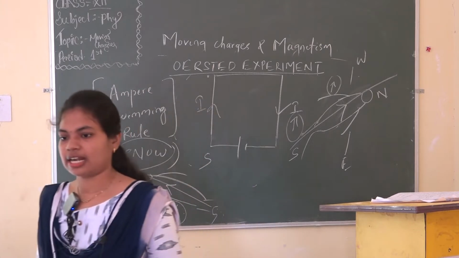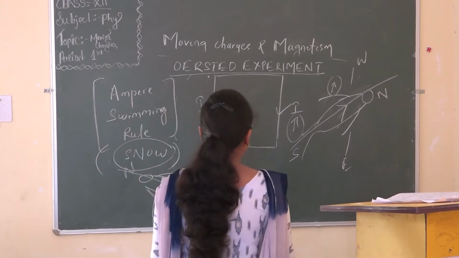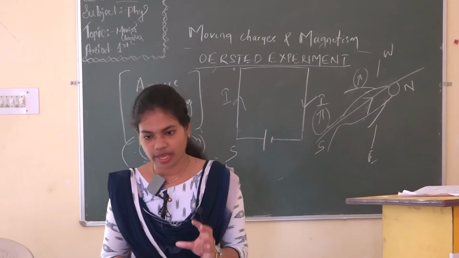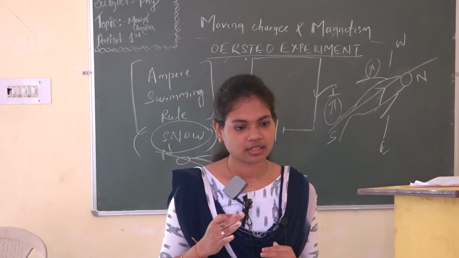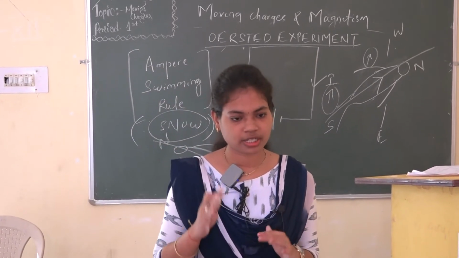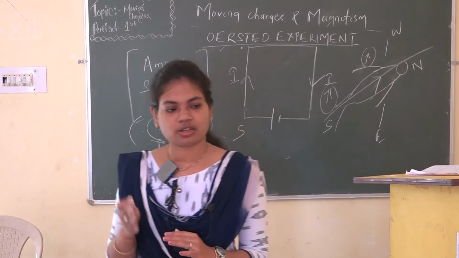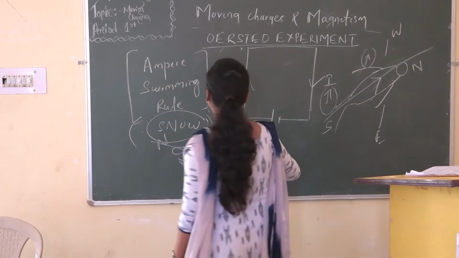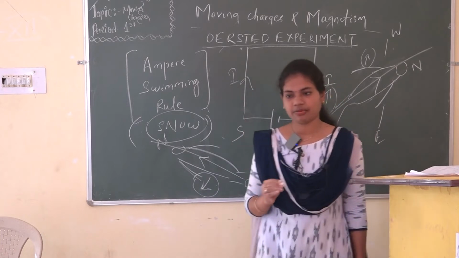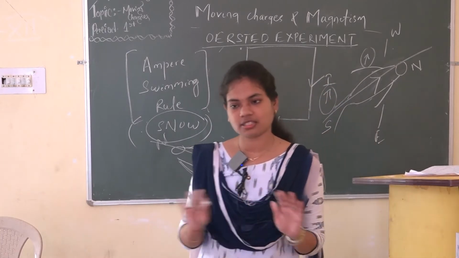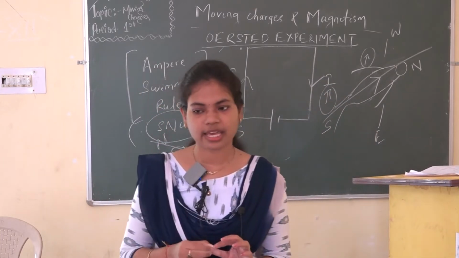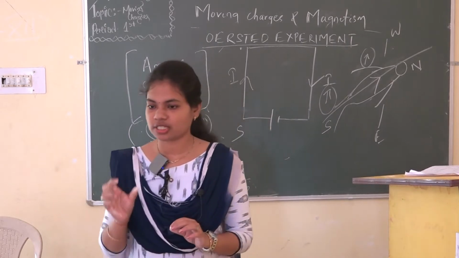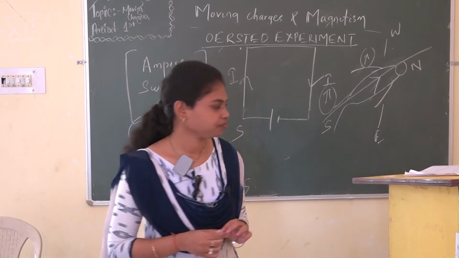Oersted observed that when we place a magnetic needle near a current carrying wire, it deflects. When the current carrying wire is placed from south to north direction, it deflects in west direction. That is the experiment given by Oersted. Did all of you understand the Oersted experiment?